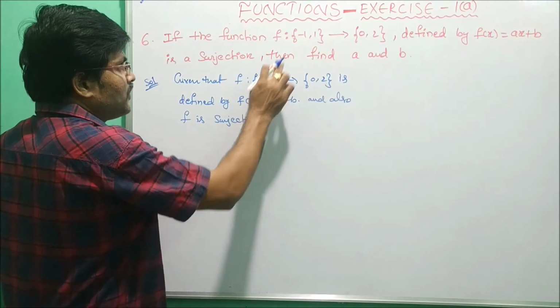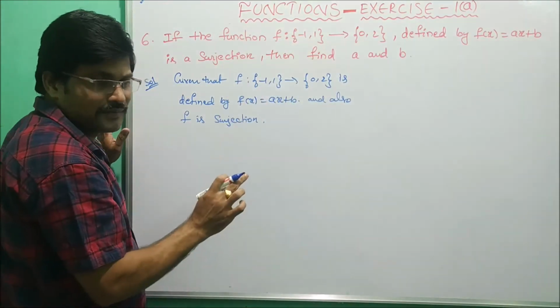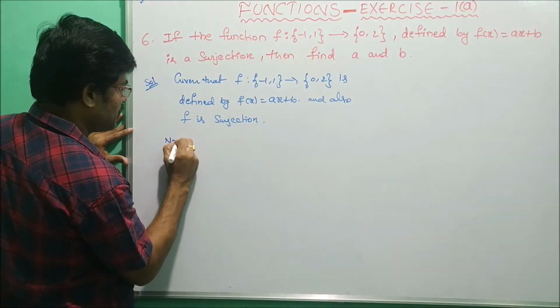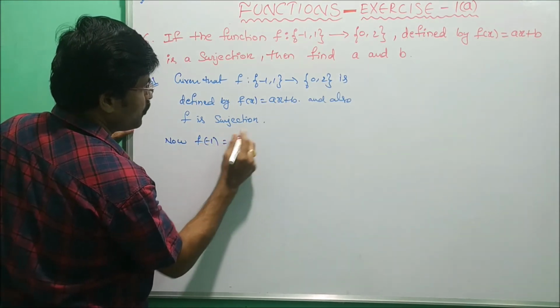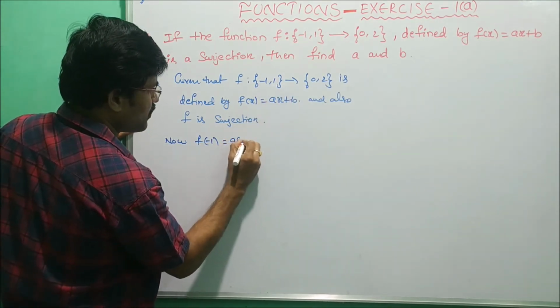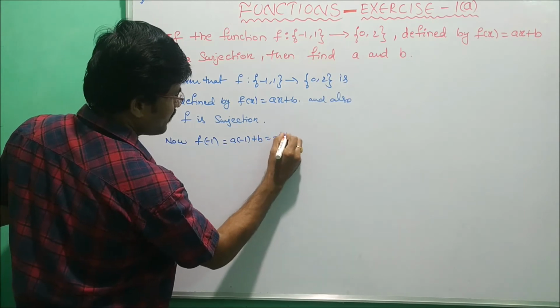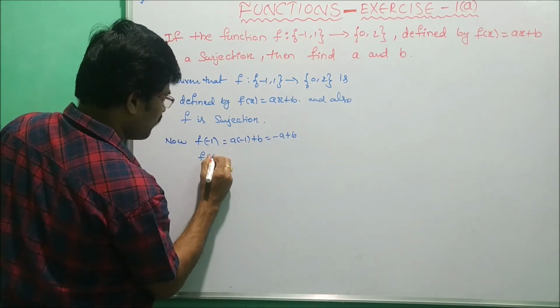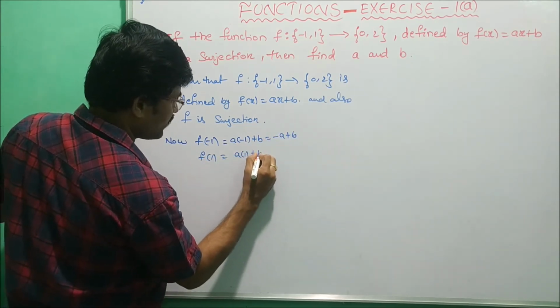First, to find the images of minus 1 and 1. Now f of minus 1, using the relation, is a into minus 1 plus b, that is minus a plus b, and f of 1 is a into 1 plus b, that is a plus b.